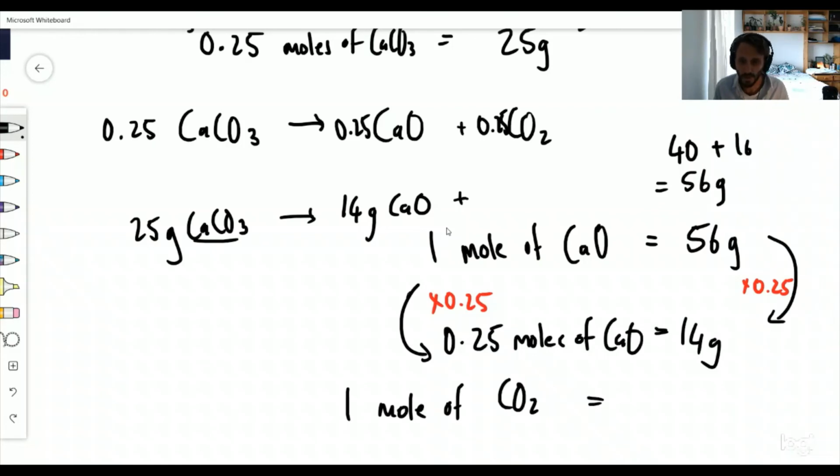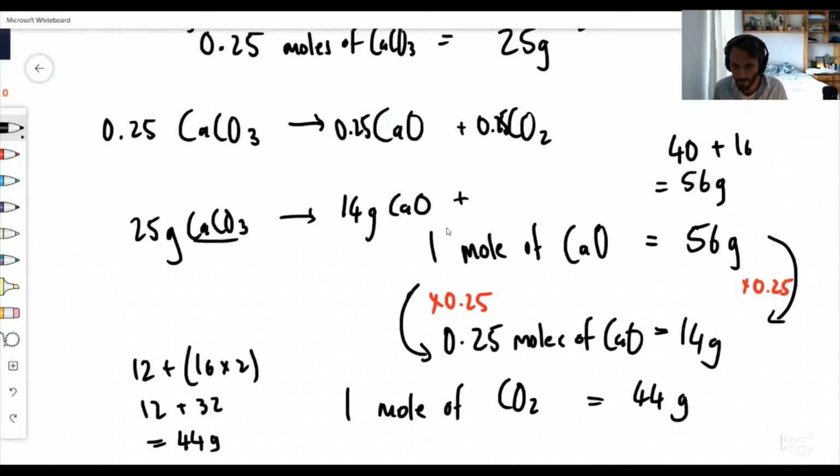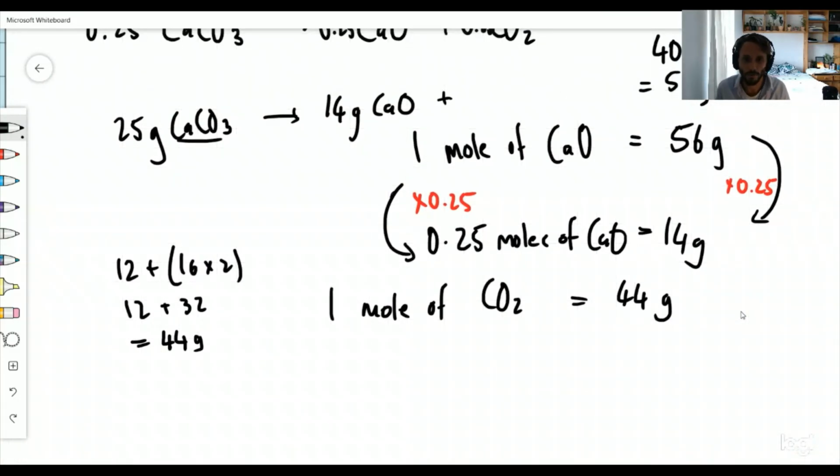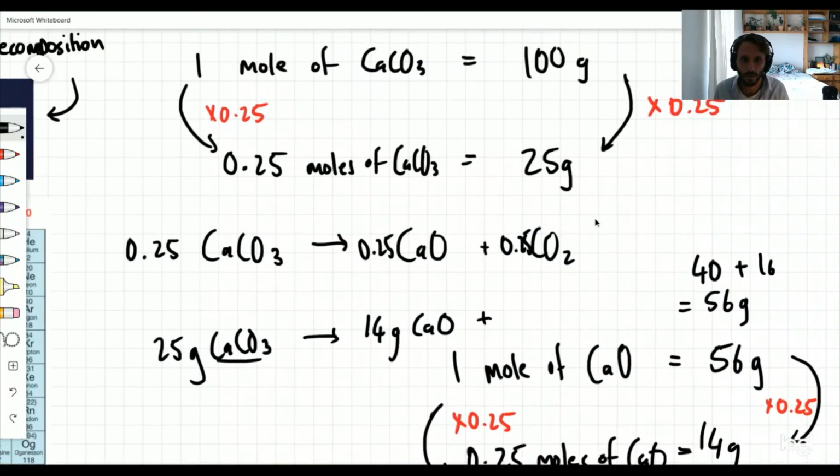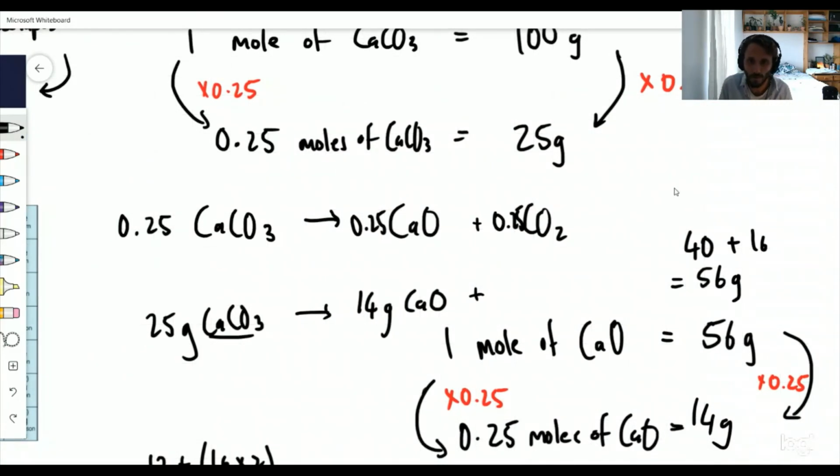So let's work that out. We know carbon dioxide has carbon, which is 12, plus 2 oxygens, 16 times 2. So it's 12 plus 32. This is going to give me 44 grams. So 1 mole of carbon dioxide weighs 44 grams. But we're not working with 1 mole of carbon dioxide, are we? We're working with 0.25 from this worked out equation.